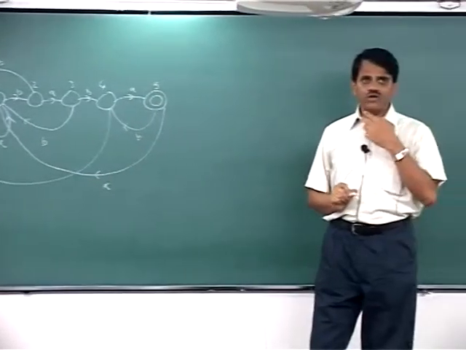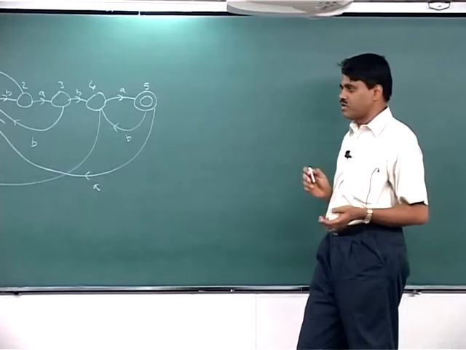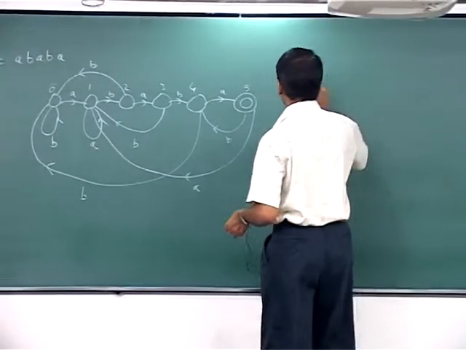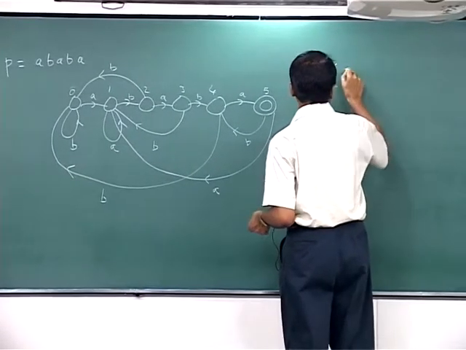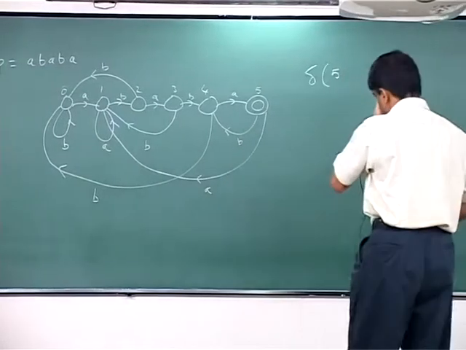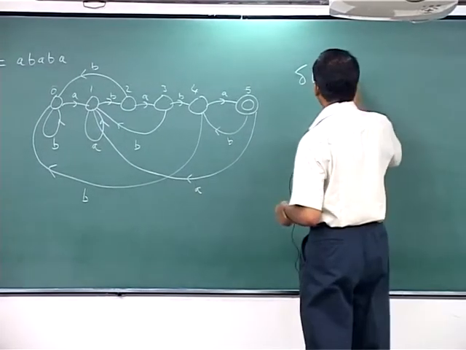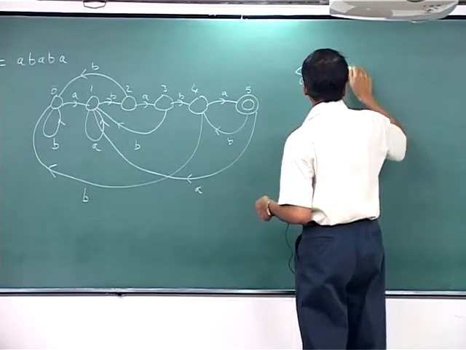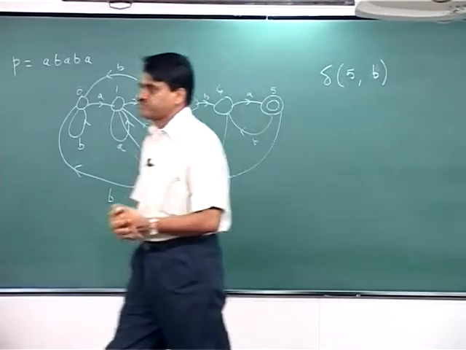Now, let us see how do I figure this out. Let us say the transition function at 5, when I see a B, where do I go?